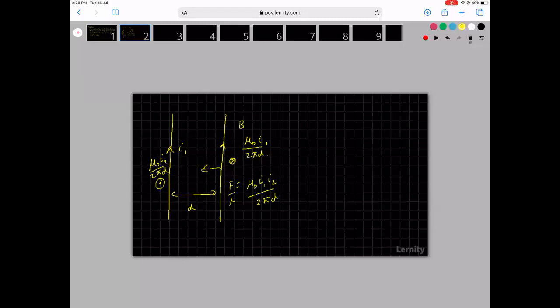In this direction, the force per unit length on this is this much. This is the force on 2 because of 1. This is the force on 1 because of 2.